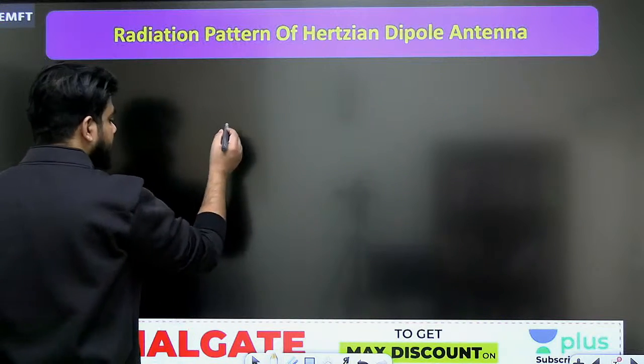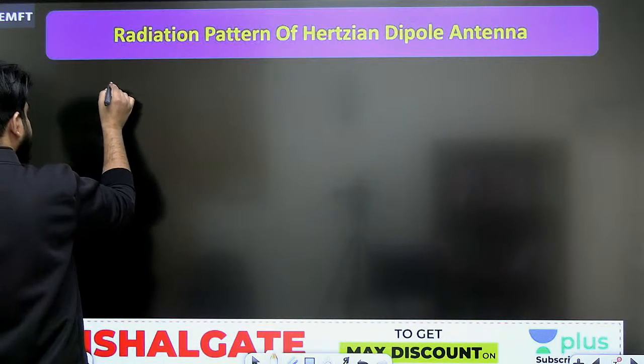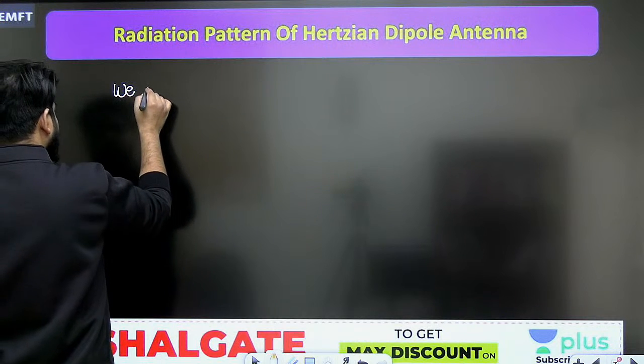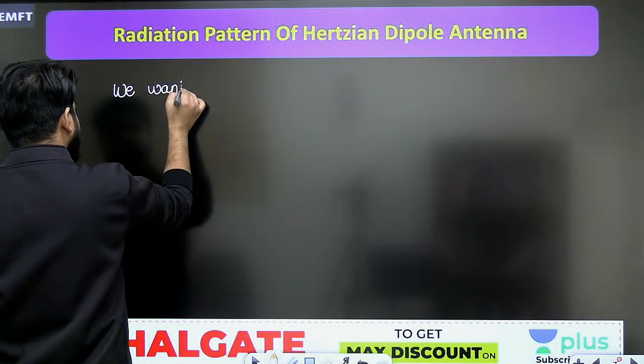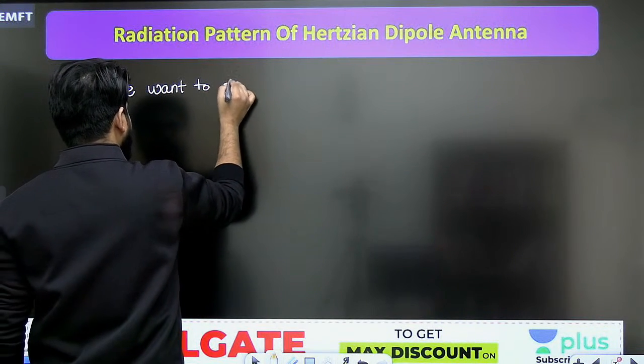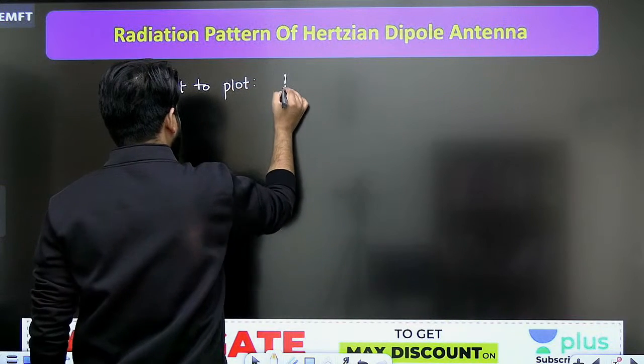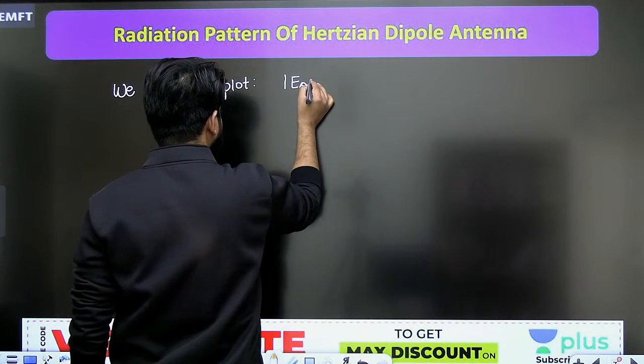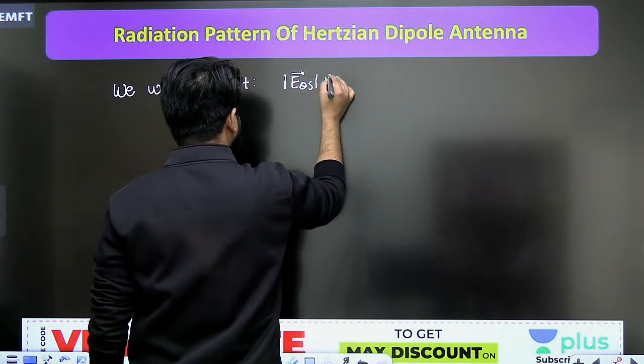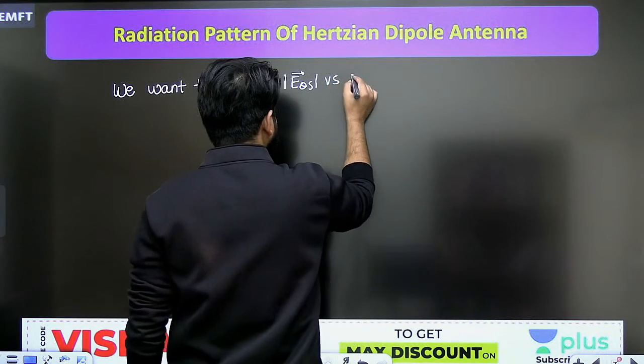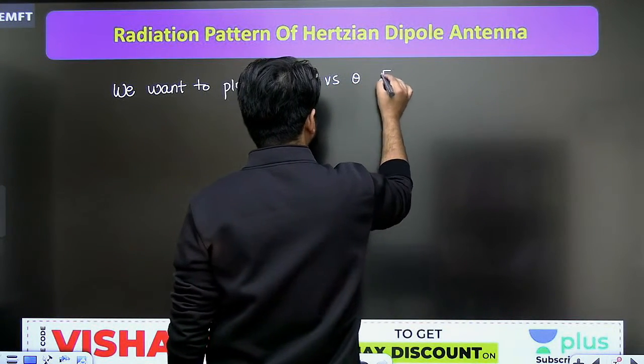So ultimately in radiation pattern, what we want to plot? We want to plot either mod of E theta s versus theta for constant phi.